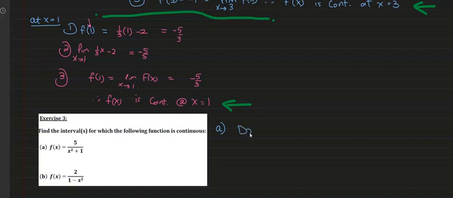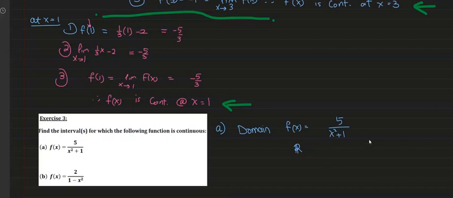We will discuss again the domain. And we will say that the domain for f of x, which is equal to 5 over x squared plus 1, is all real numbers except the zeros of the denominator, which is here what? There is none.